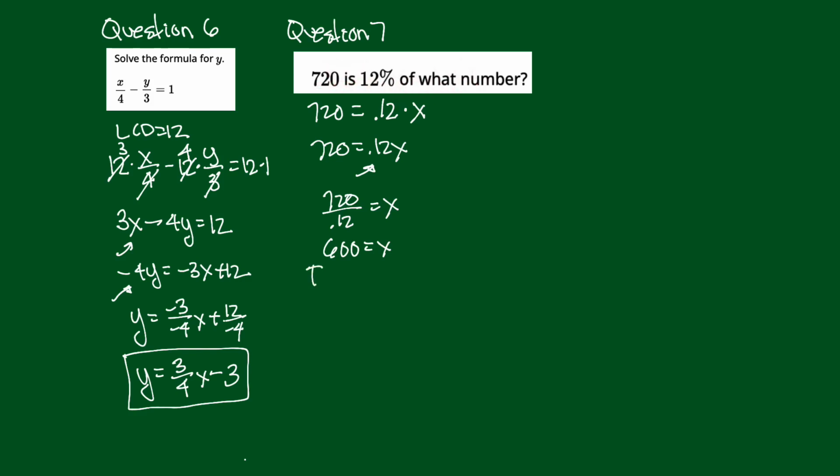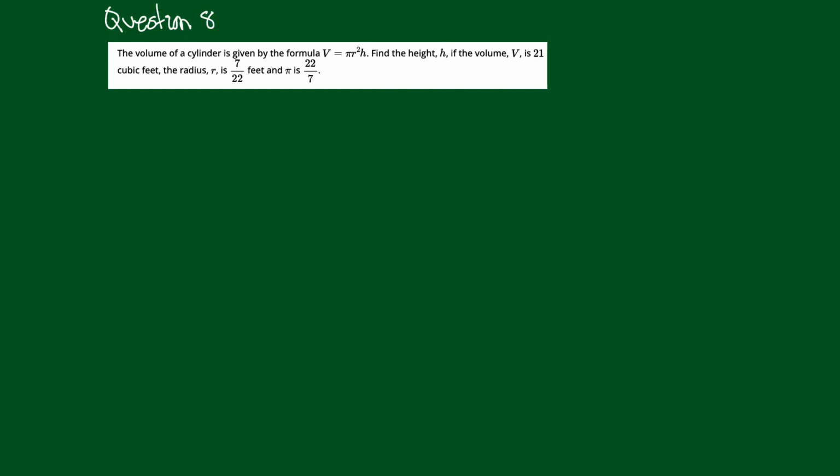I'm going to say the number is 600. Either write the whole sentence or just write the 600. But the answer is not x is equal to 600. Somebody says, what is the number? You don't say x equals 600. You just say 600.